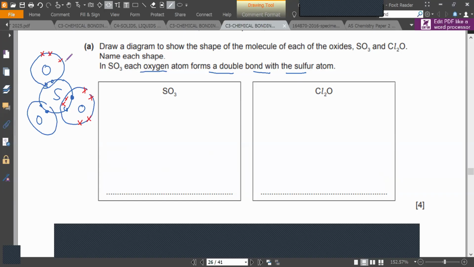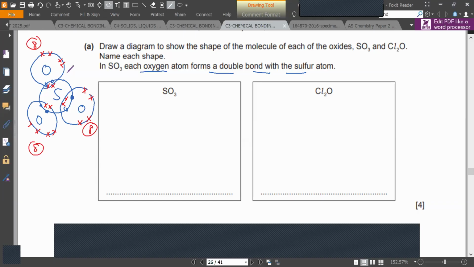So now we see all the oxygen have octet. No problem. Oxygen have the octet.